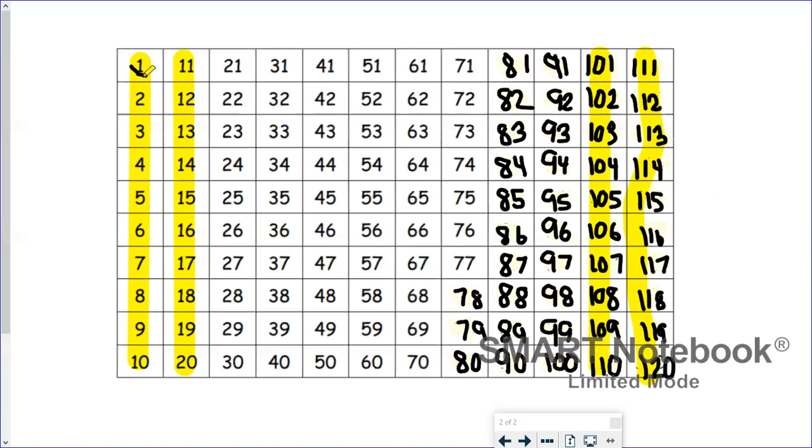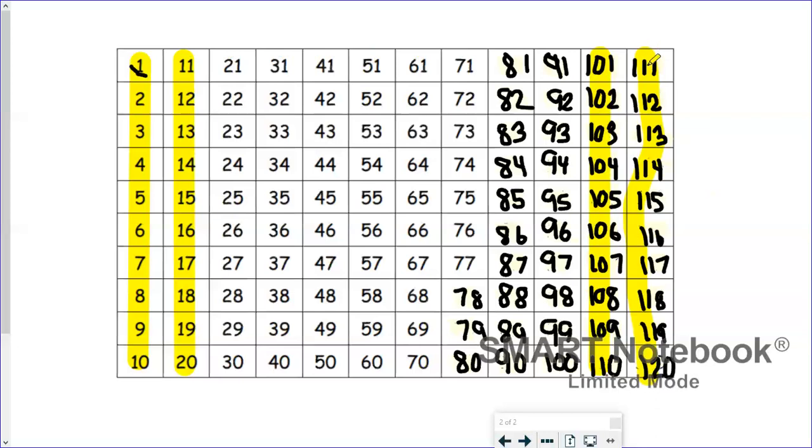I noticed that now, when I go across the 120 chart, I'm no longer counting by ones like I would on our regular hundreds chart. I'm now adding 10. So I'm starting at 1, and if I add 10, I'm now at 11, 21, 31, 41, 51, 61, 71, 81, 91, 101, 111.